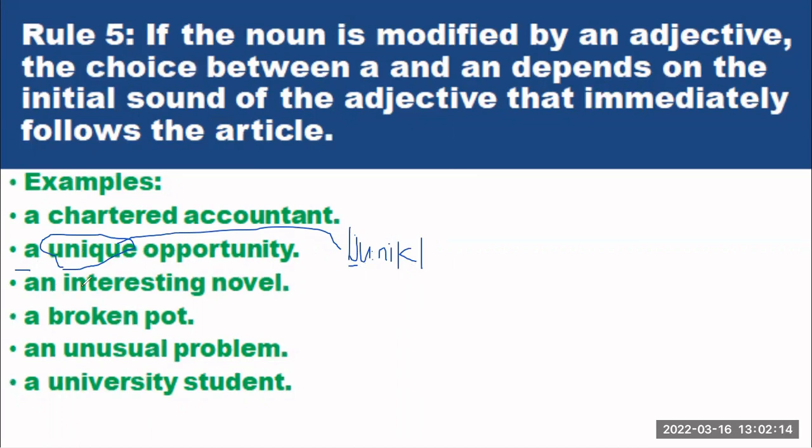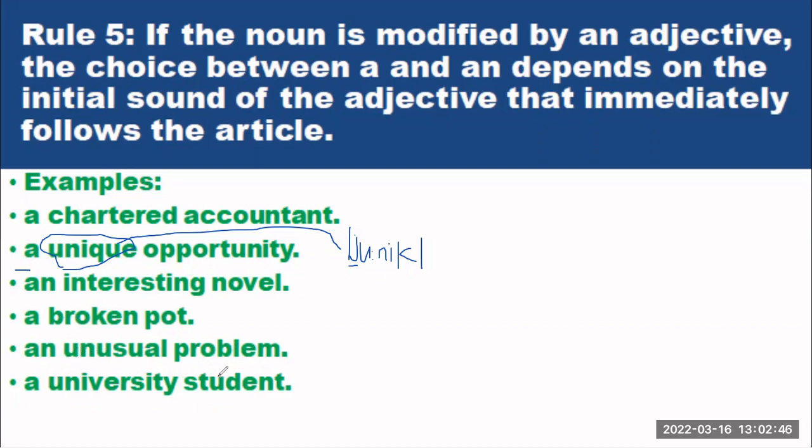Then we look at an interesting novel, because the adjective interesting begins with a vowel sound e, an interesting novel. So we use an. A broken pot, because the adjective broken begins with the consonant sound B. An unusual problem, because unusual begins with a vowel sound.